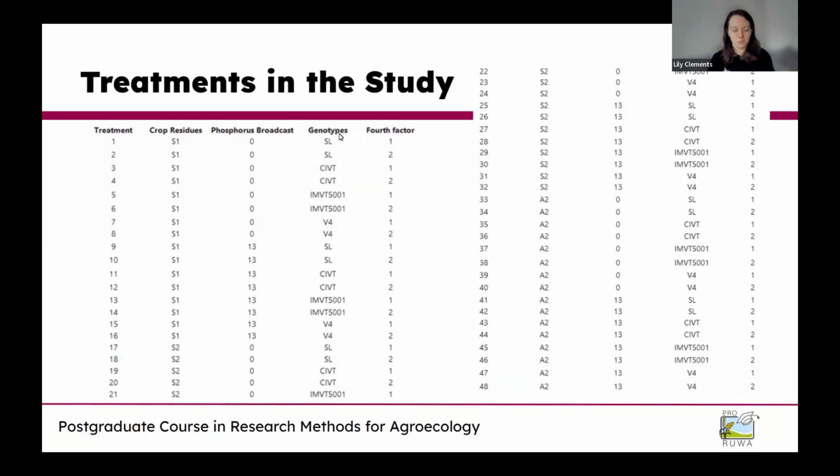If we compare treatments 1, 2, 3, and 4, we can see how the first level of the fourth factor works for SL, and how it works for CIVT. Does the first level of the fourth factor result in a higher yield under SL than the second level? But maybe it doesn't for CIVT. So we can use these combinations of our 48 treatments to help see these different interaction effects as well as everything else.